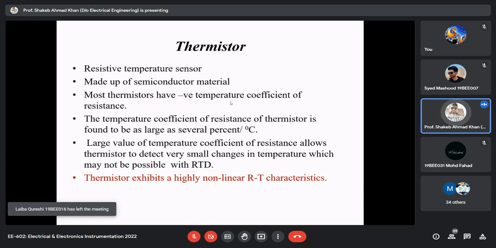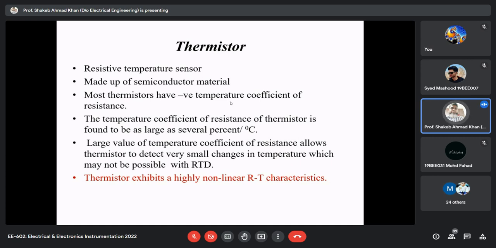If you increase the temperature of a semiconducting material, then its resistance decreases, and if you decrease the temperature, then resistance increases. Both change in opposite directions.